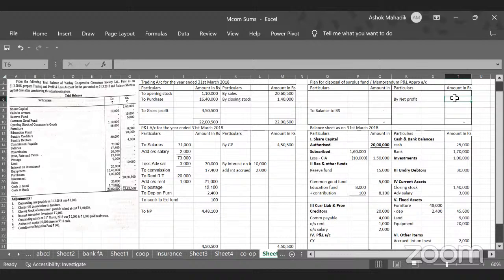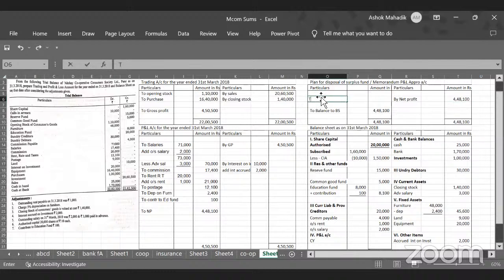Okay. Now I'll just add that 448 here. Just give the link to it. Now, as I told you, 25% of current year's profit is to be transferred to reserve fund.